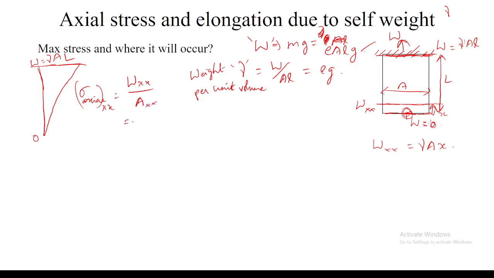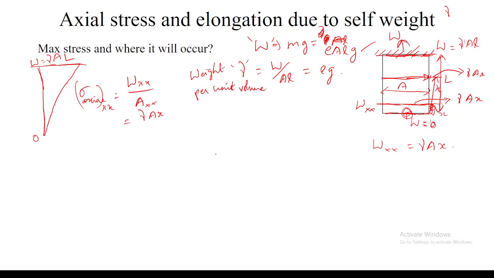Here Wxx is nothing but gamma into A into x, which is the load at any cross section. If I take the cross section here, what will be the load? Gamma into A into x, where x changes along the whole length.